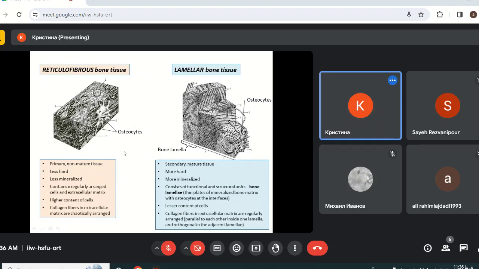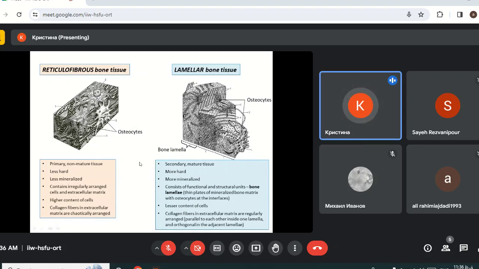It means that during development of our bones, during embryogenesis, always reticulofibrous bone tissue forms first, and then during the process of remodeling, rebuilding of the bone, it gradually is substituted with the secondary, mature lamellar bone tissue.